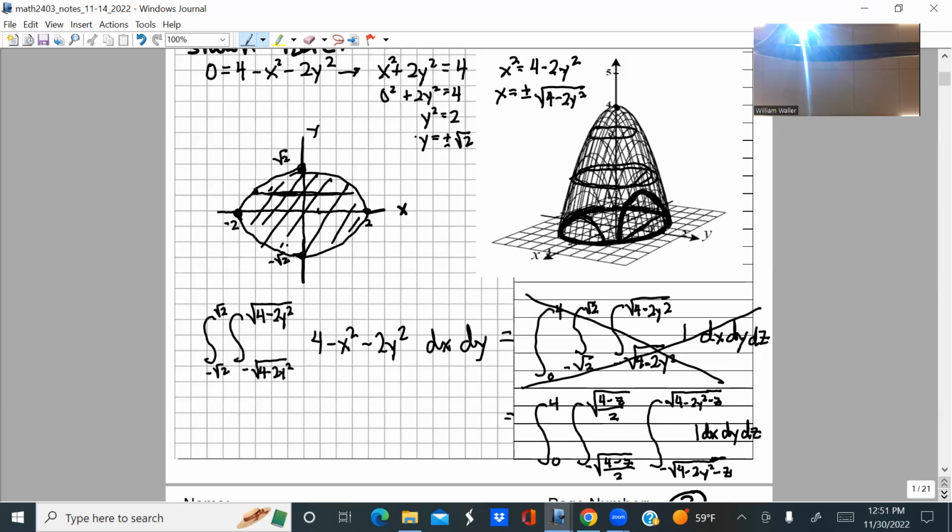Because it's a volume beneath a surface, this surface, down to a region in the XY plane. There's that region in the XY plane. Looks like this. By the way, how did we find that region in the XY plane?